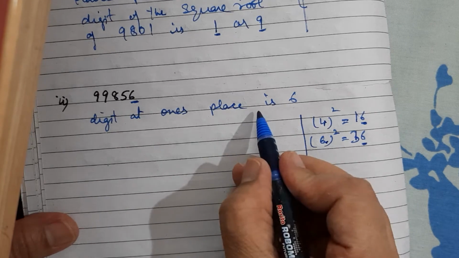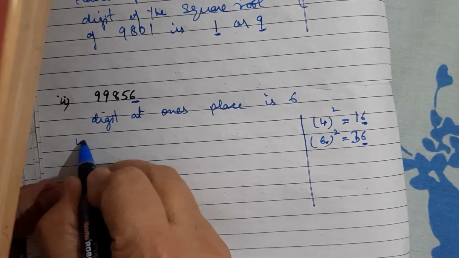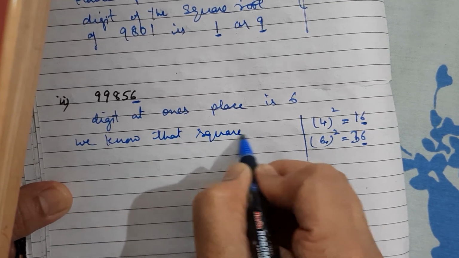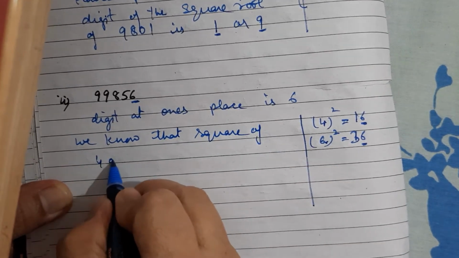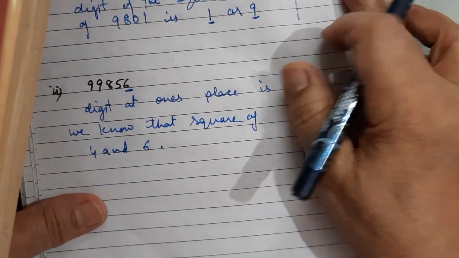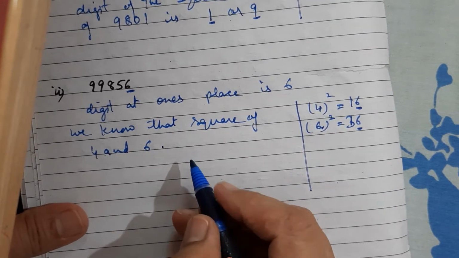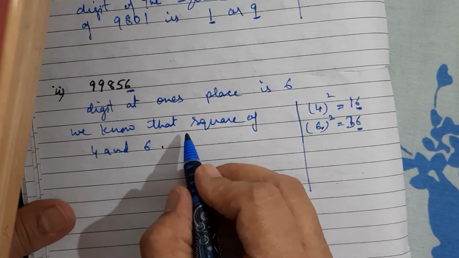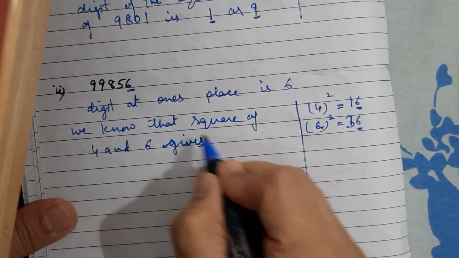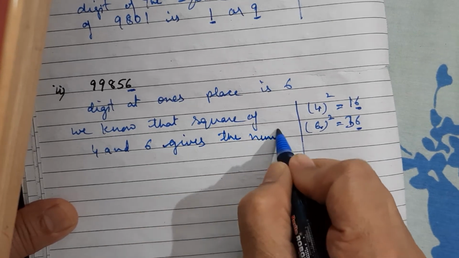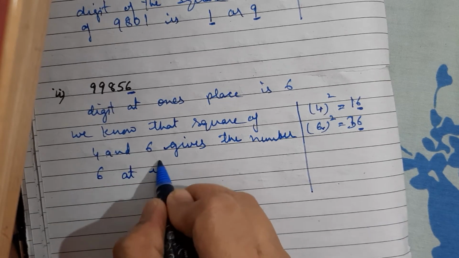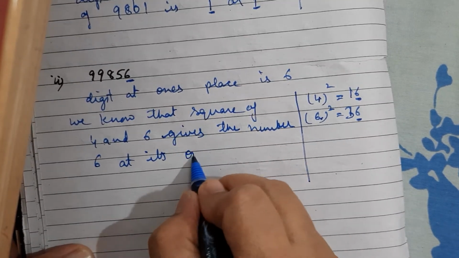So here the digit at ones place is 6. We know that squares of 4 and 6 give the number 6 at its ones place.